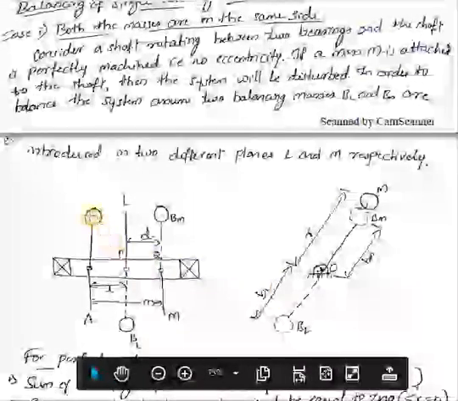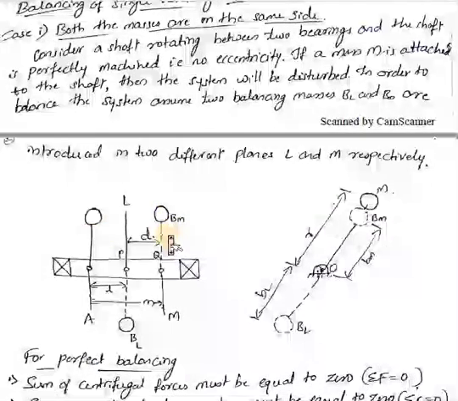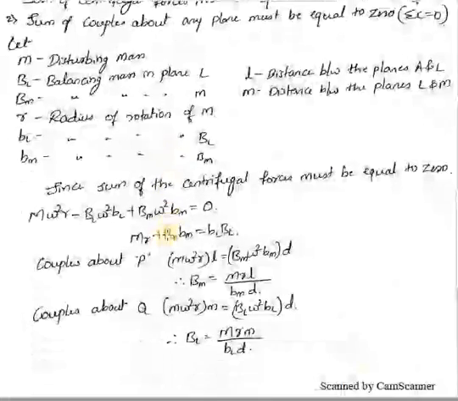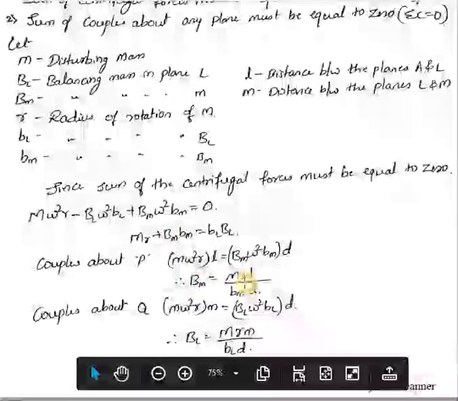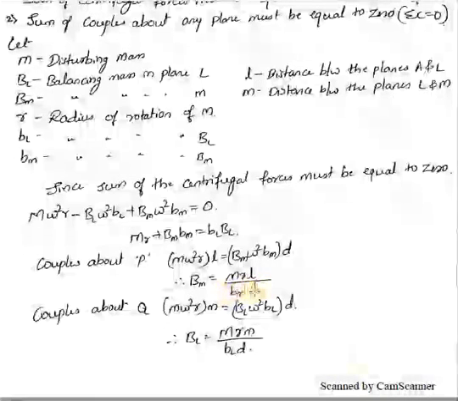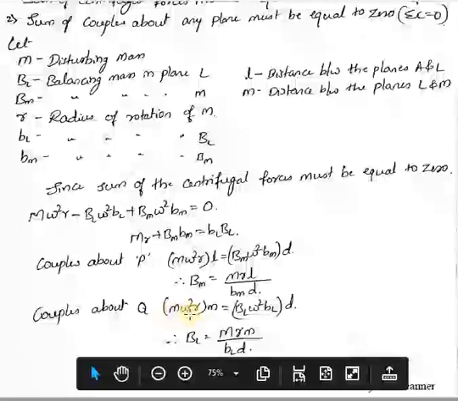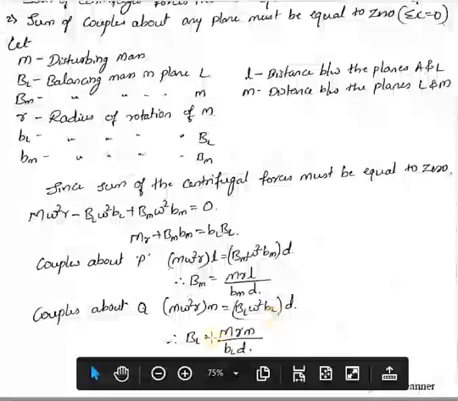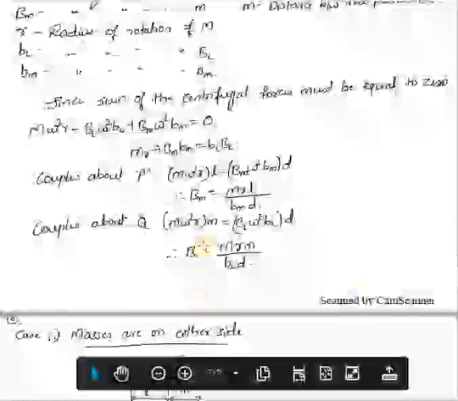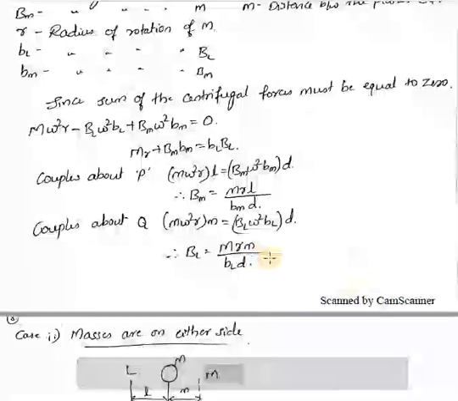We take the couple about this point P due to this mass M and this mass BM. To simplify that, BM should be equal to M r l divided by bM d. Similarly, if you take the couples about Q, it is M omega square r into m equal to BL omega square bL into d, and BL can be given by M r m divided by bL d.